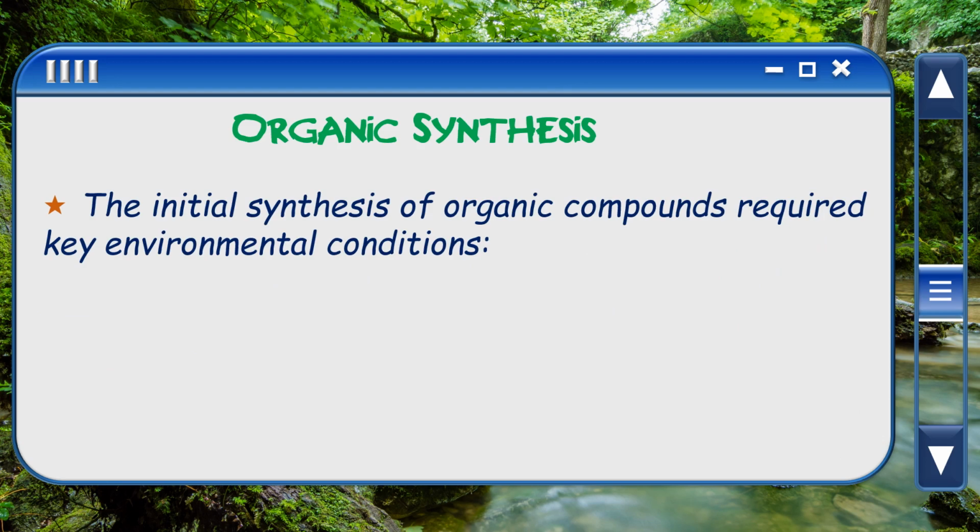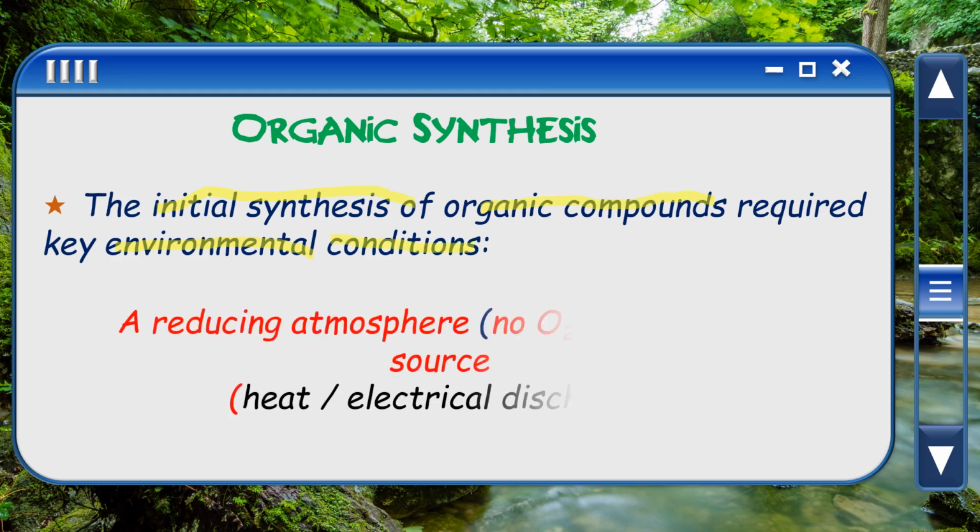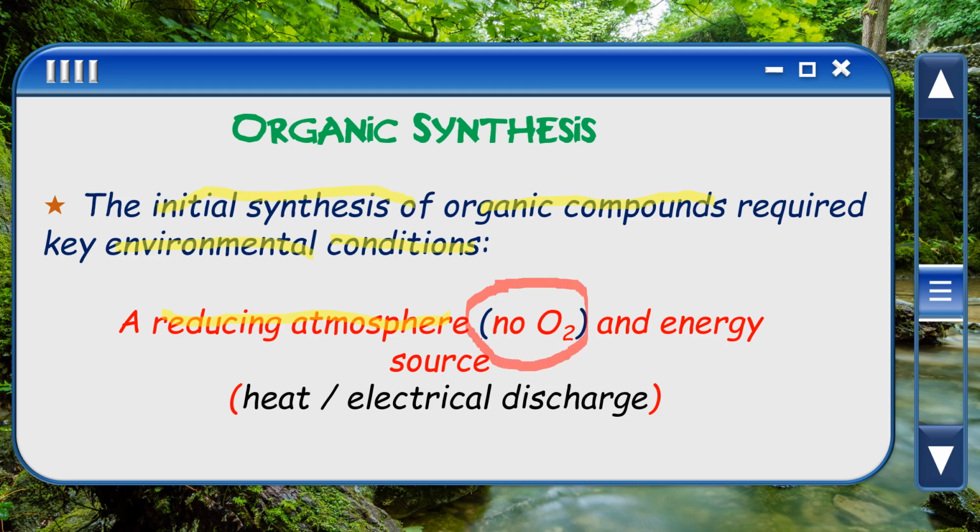Now, the initial synthesis of organic compounds required key environmental conditions. One, there had to be a reducing environment. And when we say a reducing environment, that is an environment which has no oxygen.